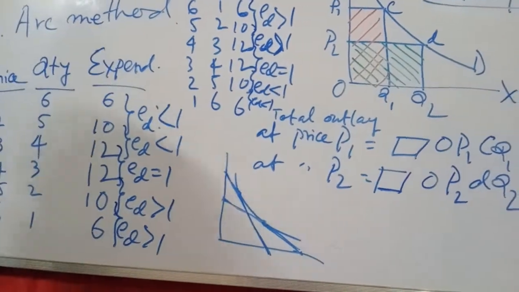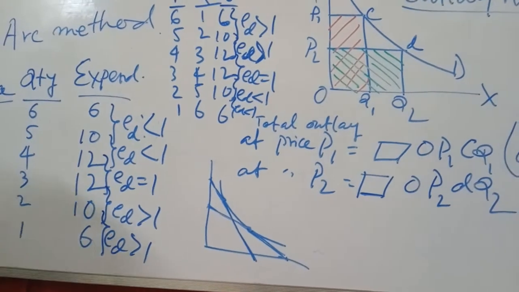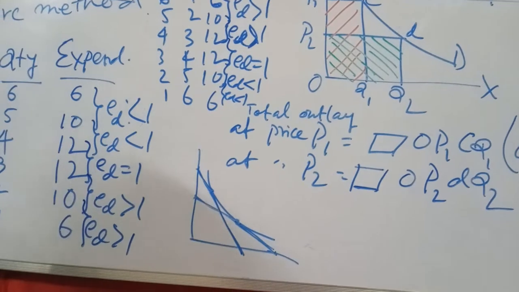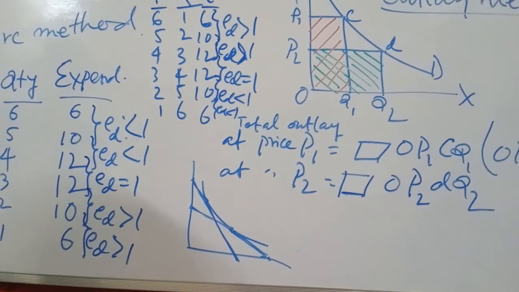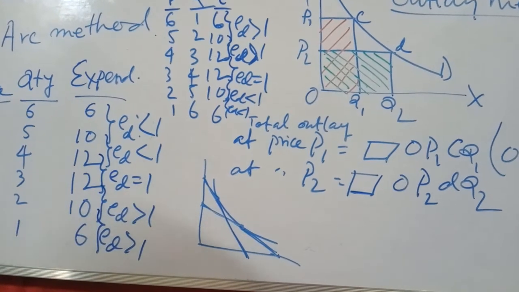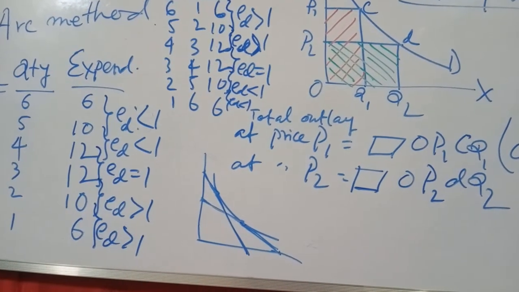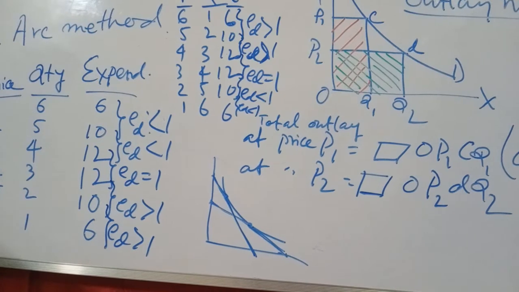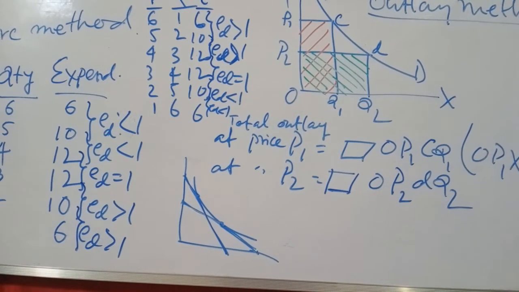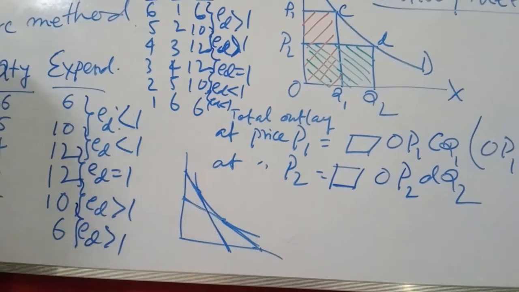So in case of curvilinear demand curve, we have to draw a tangent on that point on which we want to measure the elasticity, and then we calculate the lower segment of the tangent divided by the upper segment of the tangent to find out elasticity at that point.